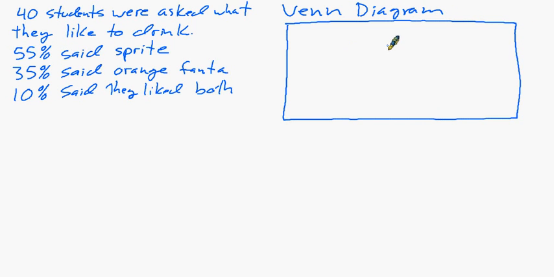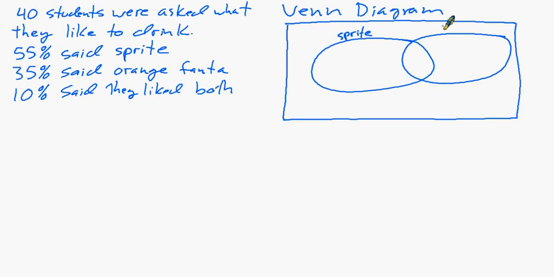So we're going to have one circle that represents Sprite. We're going to have one circle that represents Fanta. And of course we have an intersection of the two which represents those who like both. So we have Sprite, in which 55% said they like Sprite.